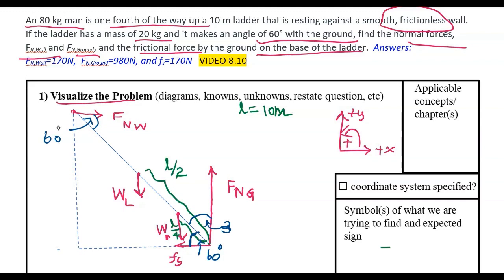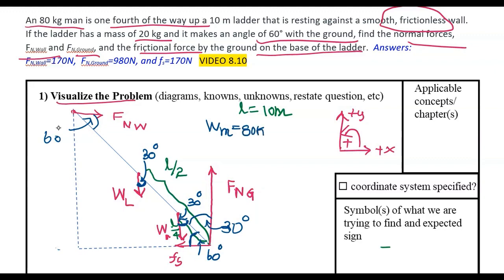If that angle is 60 degrees, this should be 30 degrees because you can see it is a right angle, 90 degrees. And if that is 30 degrees, the angle between the weight of the man and the ladder should be 30 degrees. Again, alternate interior angles. The weight of the ladder, the weight of the man, and the normal force from the ground, all these three forces are parallel to each other.